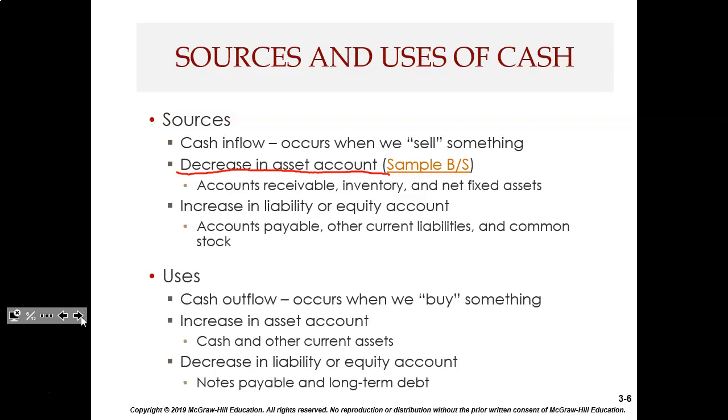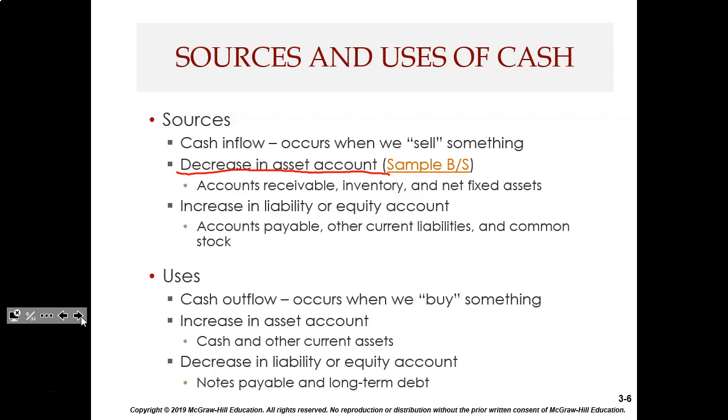Okay, and then our uses of cash, obviously anything that we buy, just like at home. If we buy a TV or buy a refrigerator, we're using cash. But when we do that, if you notice, it's an increase in an asset. So when we buy that refrigerator, buy that stove, or buy a new piece of equipment or a new factory, our assets go up.